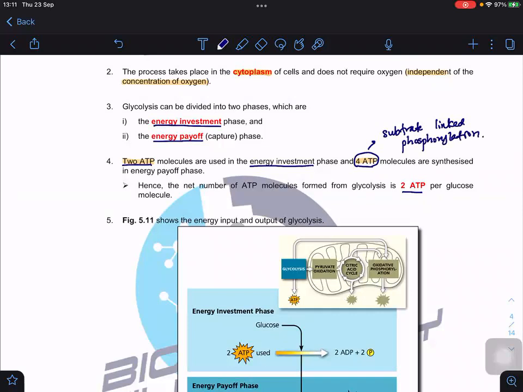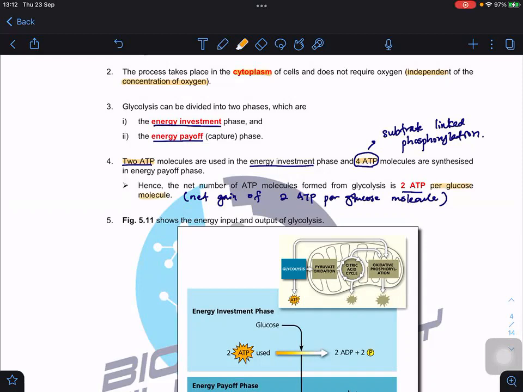So we see that there is a net gain of 2 ATP per glucose molecule. Very important to put in the words per glucose molecule, because for 1 glucose molecule, we gain a net of 2 ATP. If you say 4 glucose, then it's a different story. So you cannot say 2 ATP only, you have to mention per glucose molecule.